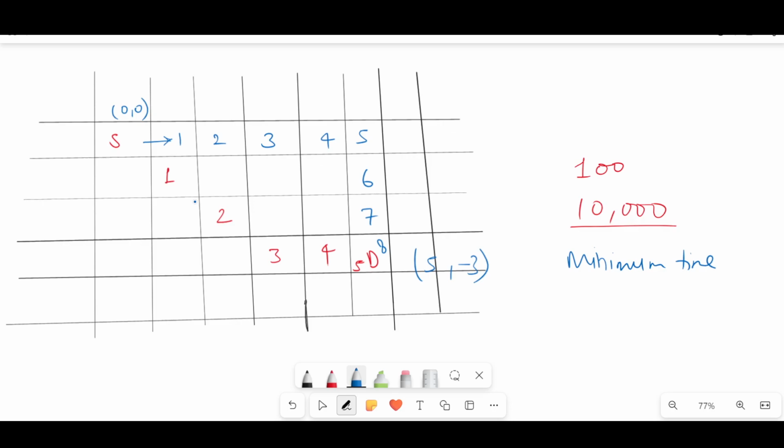So if the time given to me is greater than or equal to 5, then I will return true. That's it. I just have to calculate the minimum time.